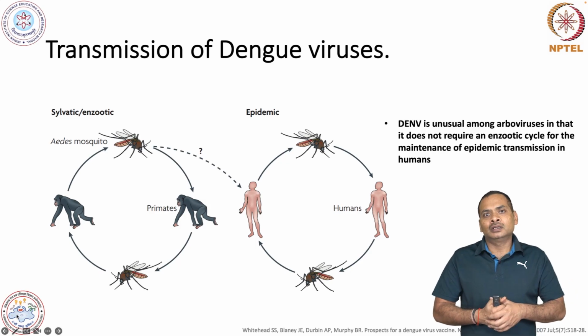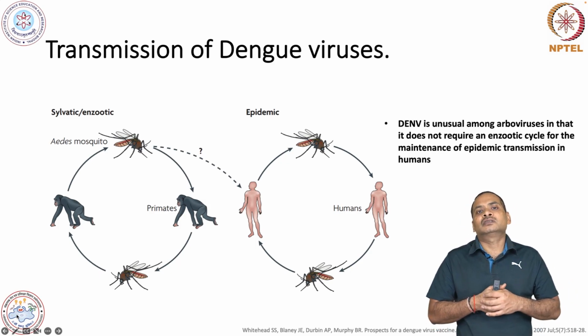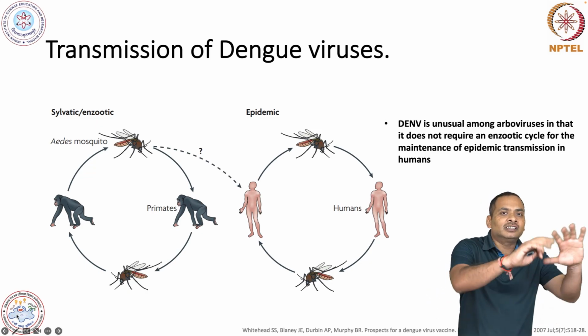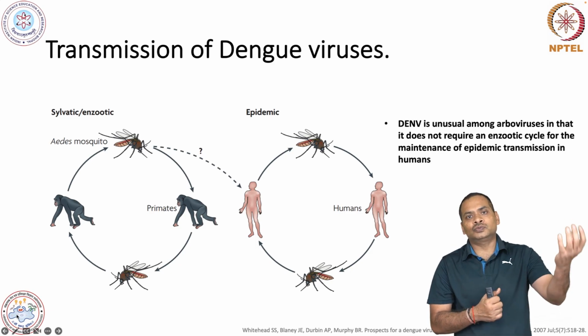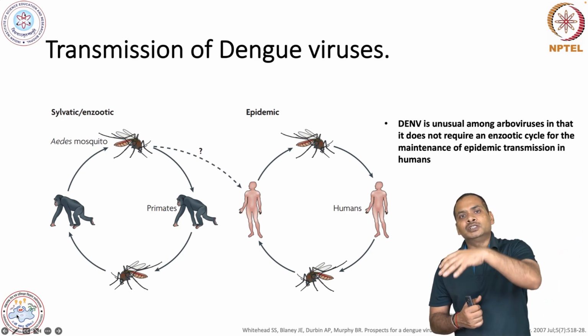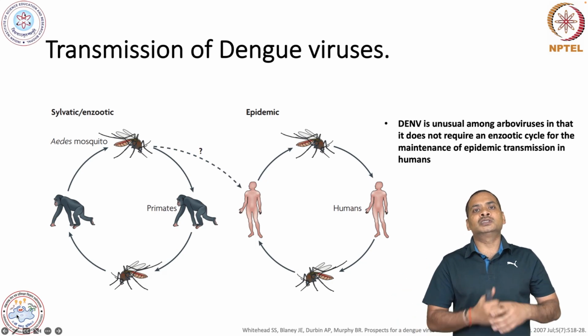Generally, those primates are not severely affected, but they are the reservoir and they can provide the virus. For example, if this mosquito jumps to bite a human, then the virus will be in human circulation.